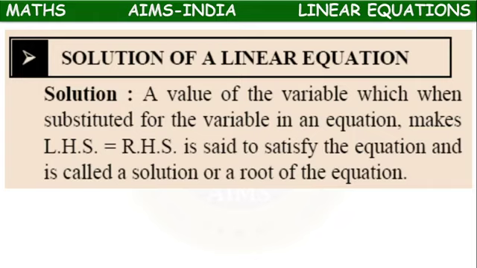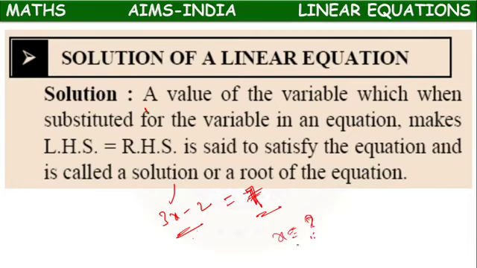So we are telling that linear equation, we are telling that 3x minus 2 equals 7. So here x is there. x is an unknown value. So we have to find that x.